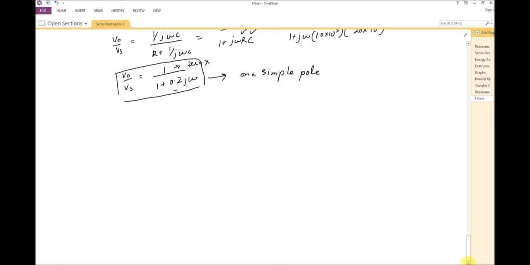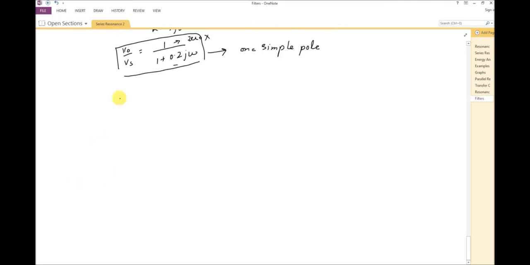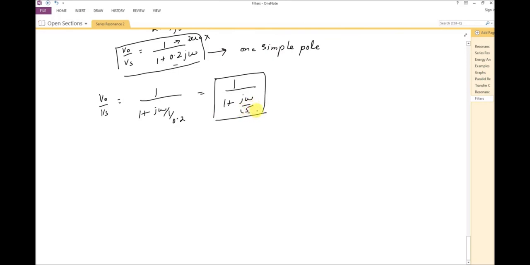So now if I have to sketch this gain curve, first I have to convert the pole into standard form, and to convert it into standard form I will write V0 over Vs is actually equal to 1 over 1 plus j omega over 1 divided by 0.2, which is equal to 1 over 1 plus j omega by 5. So the cutoff frequency here is 5.